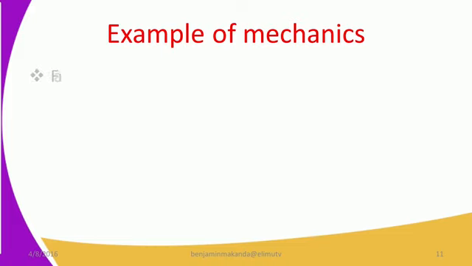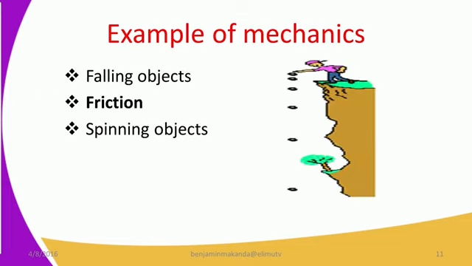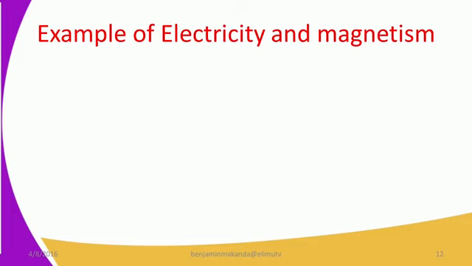Examples of mechanics now. So we have falling of objects, friction, spinning objects, and we are just picking on one example: falling of object. An individual is standing on a higher ground there and dropping some objects which are falling. This one is mechanics.